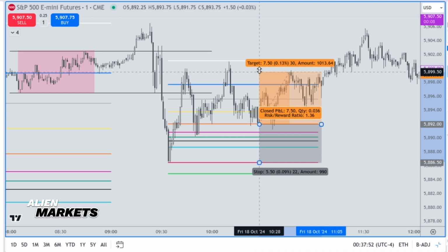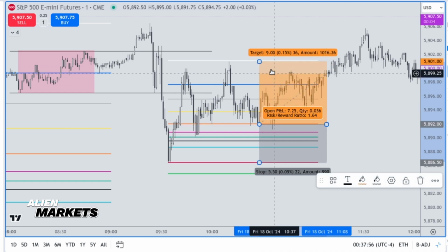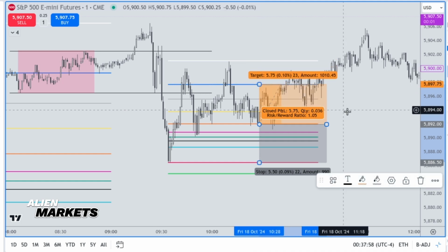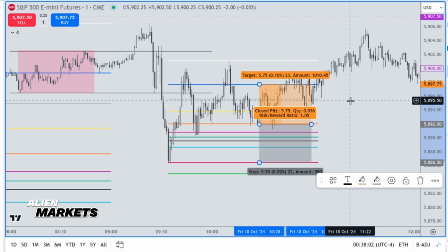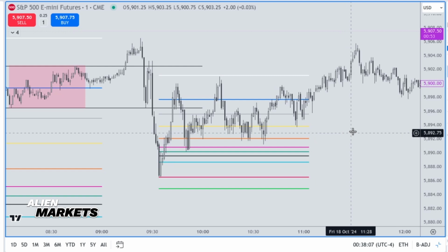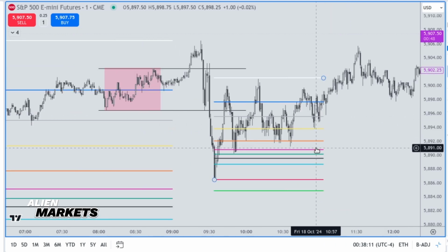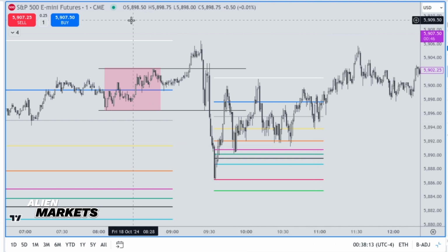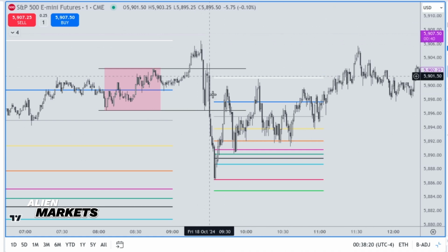If you targeted this high right here, it could have been better, but I usually go to the lines, to the levels I know that work. So this was one way to study price and to take trades after there was an outside bar on a 1 hour time frame.